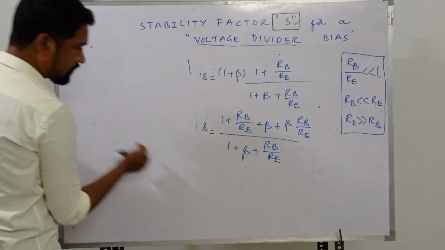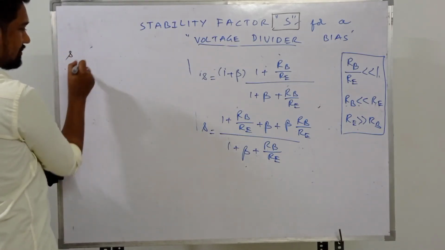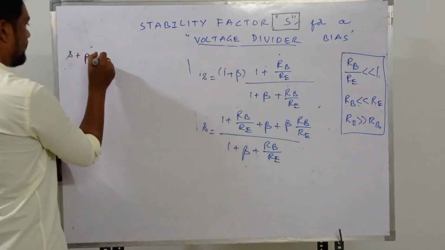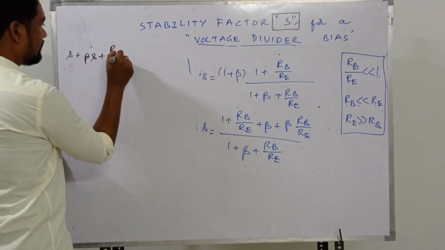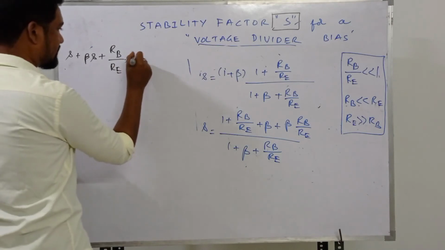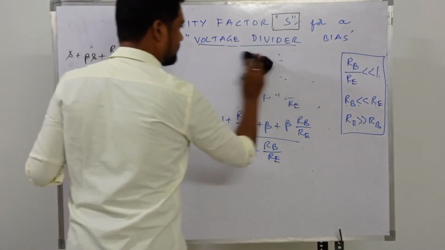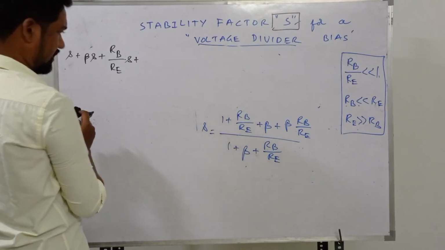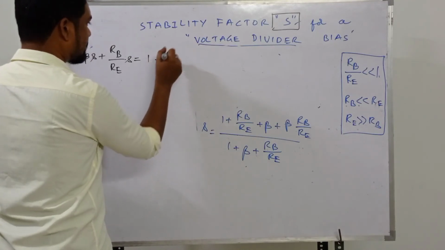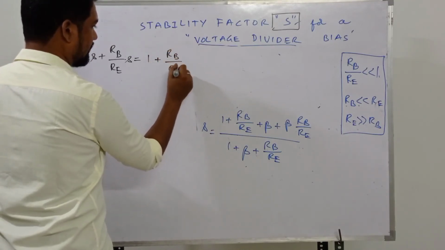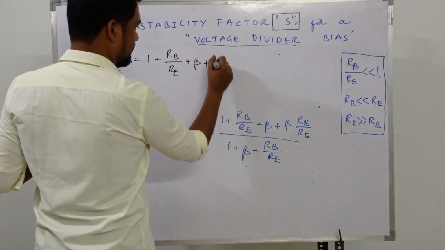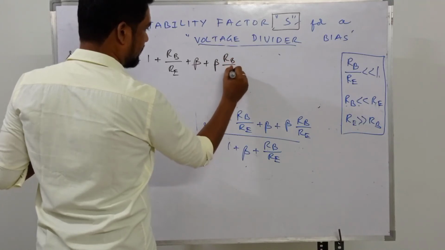Cross multiplying this one, S plus beta S, cross multiplying this into this, plus RB by RE into S, which is equal to 1 plus RB by RE plus beta plus beta RB by RE.